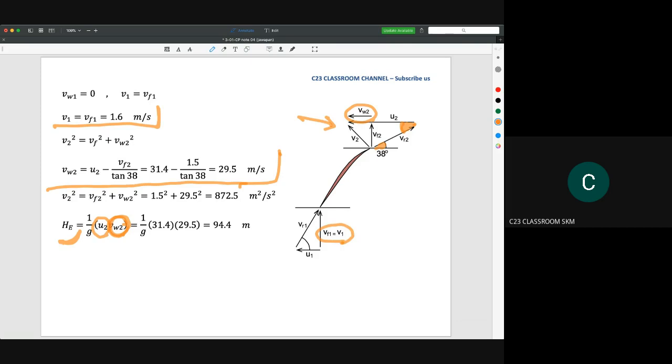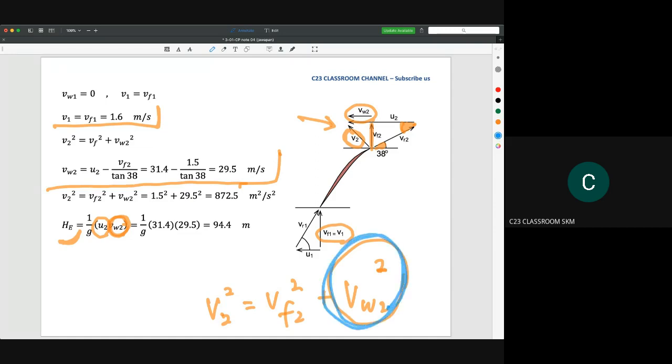However, to calculate the value of V2, we need to use trigonometry. We have the Pythagoras theorem: V2 square is equal to VF2 square plus Vw2 square, and Vw2 can be calculated by using the tangent.